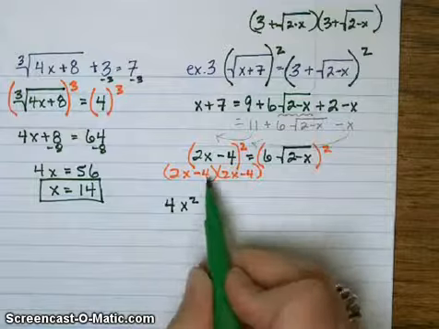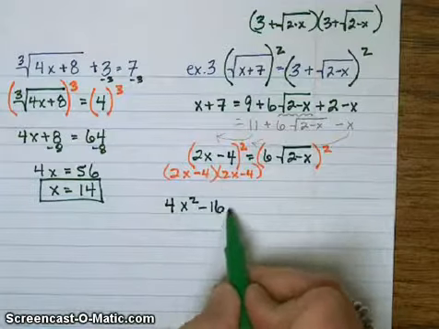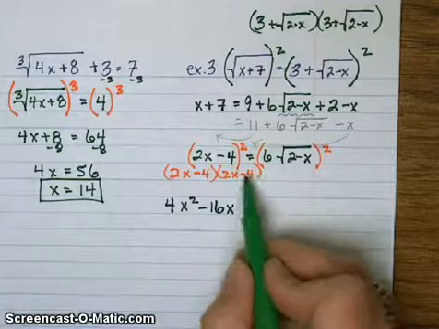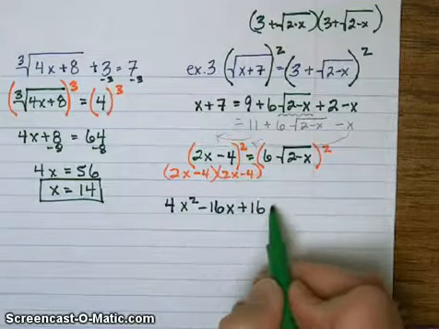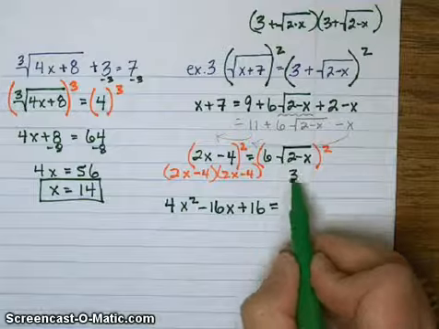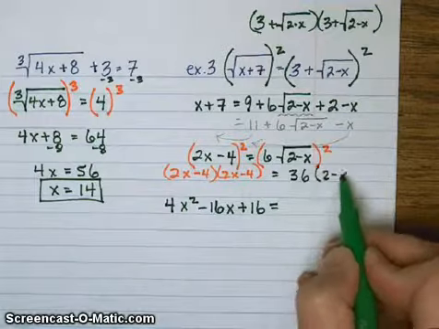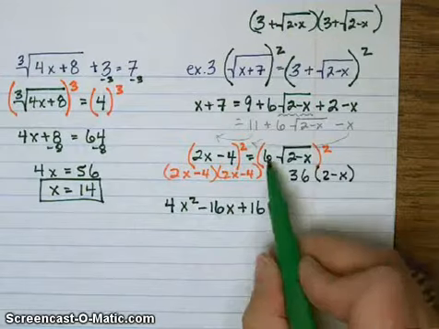This is going to give me a negative 8 and a negative 8, so I got negative 16x. My last term is negative 4 times negative 4, which is a positive 16. Then I'm going to have 6 times 6, which is 36, times the 2 minus x.